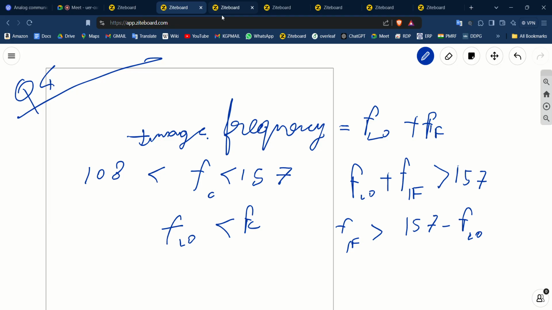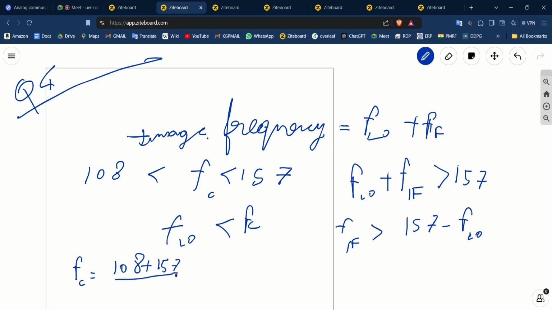You can assume FC to be the average of these two, 108 plus 157 by 2.